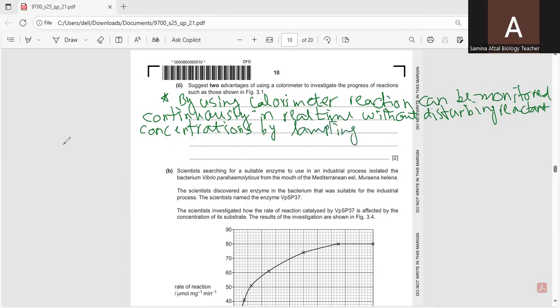So there is no need to take sampling. Traditional methods might require stopping the reaction or taking samples, which can introduce errors or interrupt the natural progress. So no introduction of errors.